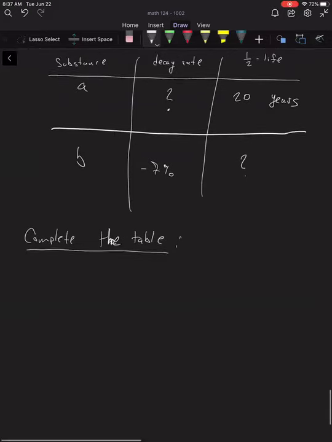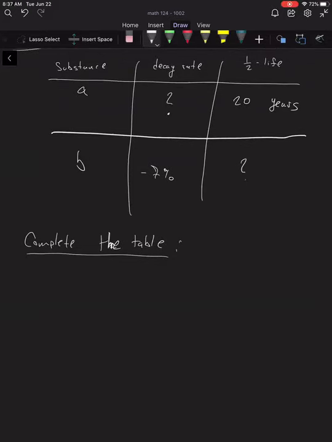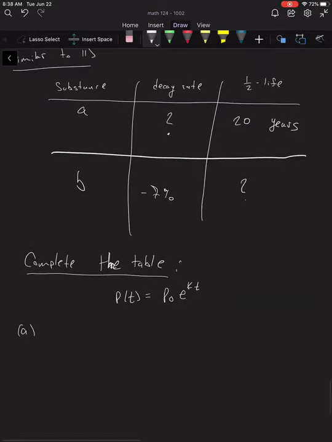So let's first talk about substance A. Before we do that, remember we have that same equation: P of t is equal to P naught e to the kt. So for substance A, what do we know? Well, half-life. What does half-life mean?